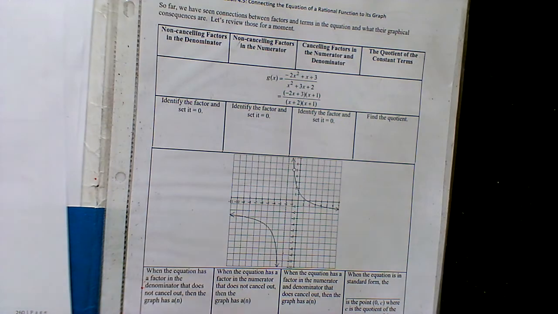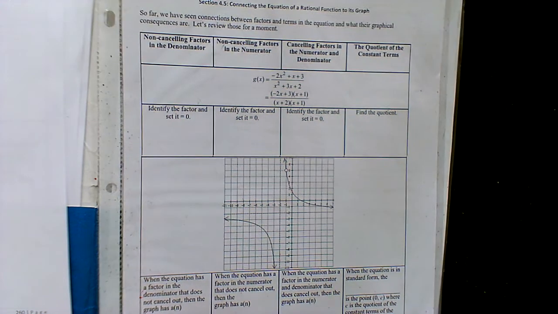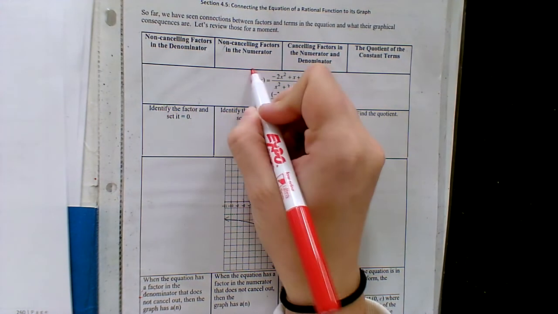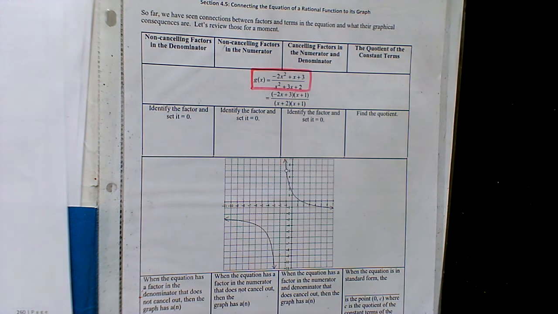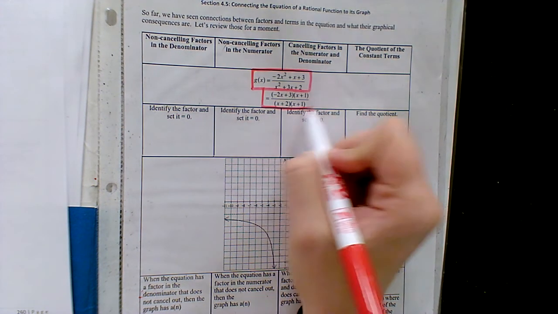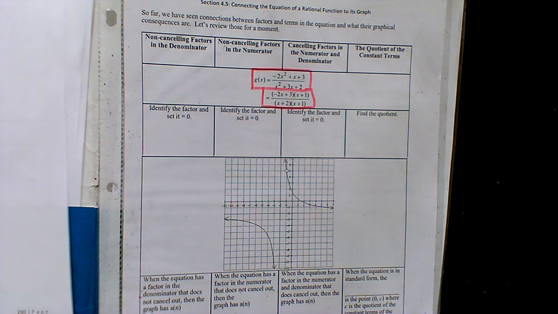So take a look at page 265. We're going to kind of bring everything together in this example. We have a function at the top in standard form, and then they're also nice to us and they give us the factored form as well, so we don't have to worry about using any factoring technique.